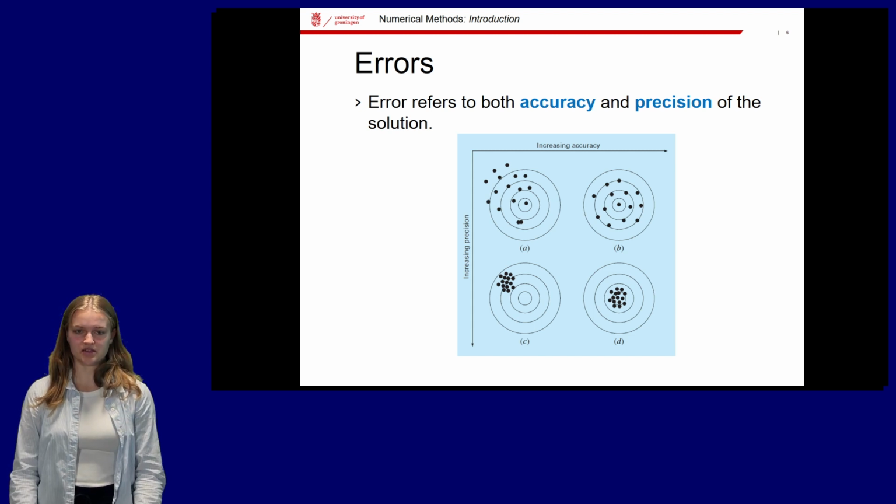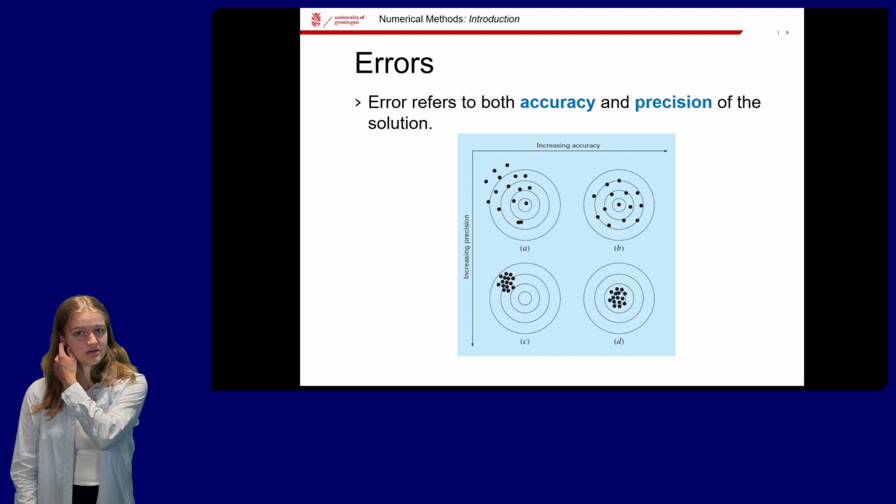So that means that the accuracy is not very high, whereas in figures B and D, the accuracy is high because they are centered around the correct exact value. And the precision is how closely the individual bullet holes are to each other. So figures C and D are precise, whereas A and B are less precise. So obviously you try to maximize both, and your lowest error will be in figure D.